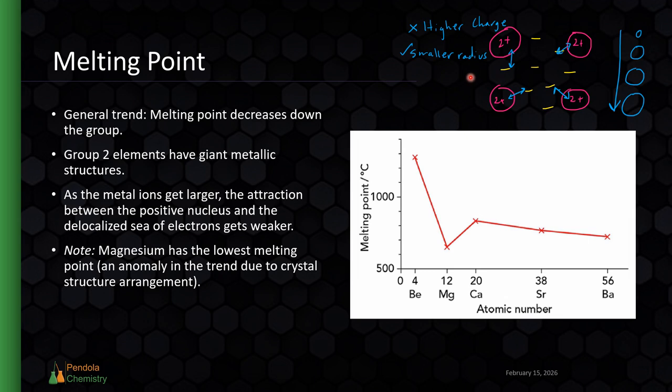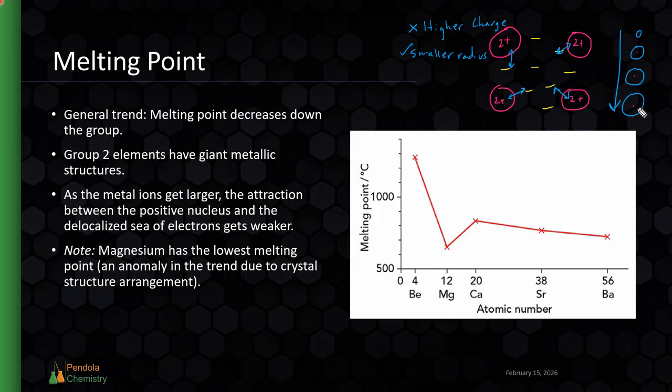Group 2 elements have these giant metallic structures, and as this 2+ ion gets larger, the attraction between the positive nucleus and the delocalized sea of electrons gets weaker. And that's because, remember, that positive charge that we see in the ion is coming from the center, from the nucleus. The larger this ion is, the farther that nucleus providing the positive charge is from the valence sea of electrons.